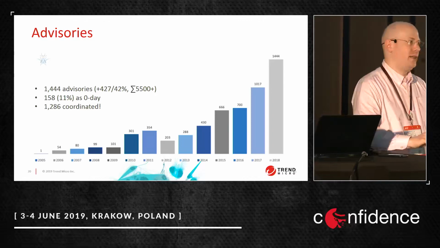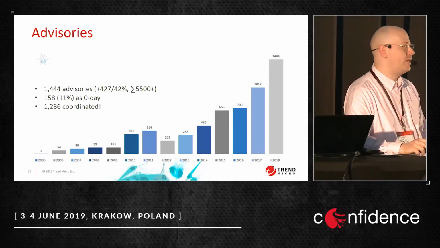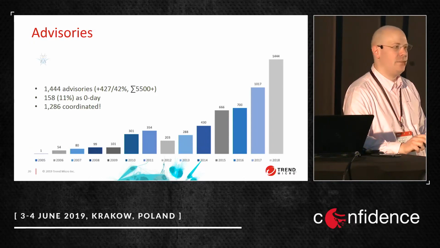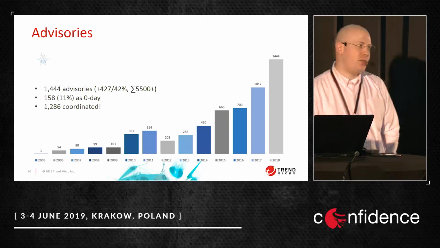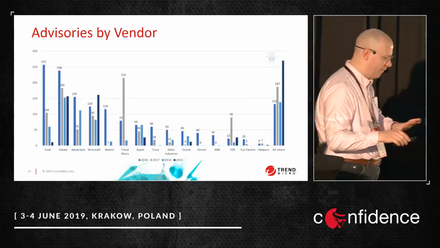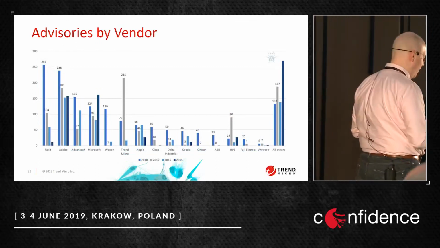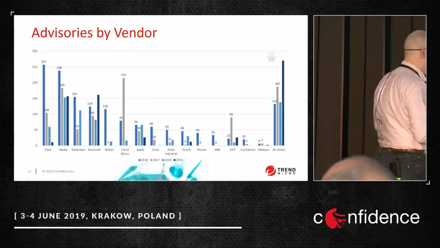But the point is, and that's the most important point here, everything that you're disclosing through ZDI is being disclosed to the vendor as well. Just to give you an impression how the different vendors are affected. Of course, we're getting a lot for Microsoft. We're getting a lot for Apple.